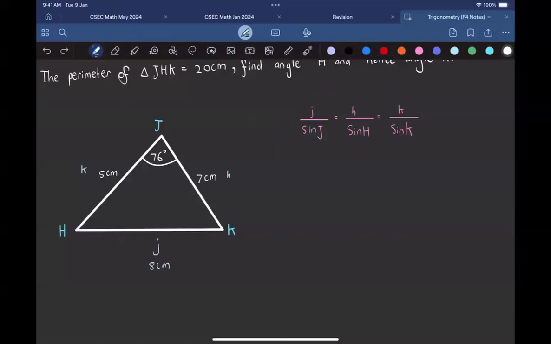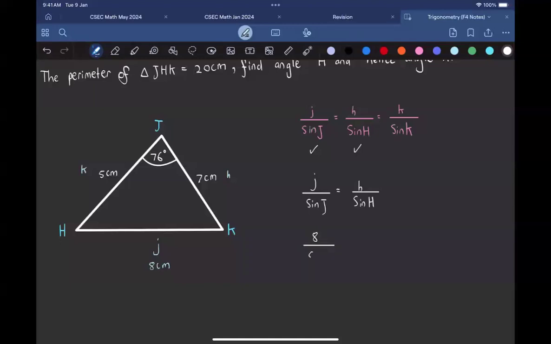So I know what G is. Since I have all of the information for G, I'm going to use that for sure. And which angle am I interested in at the start? H. Right, so I'm going to use this here: g over sine G, and h over sine H. So what is G? 8 centimeters.